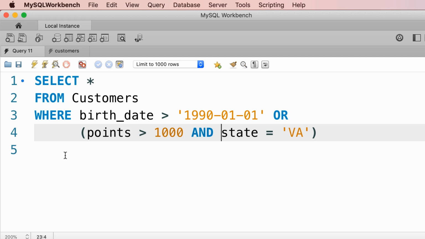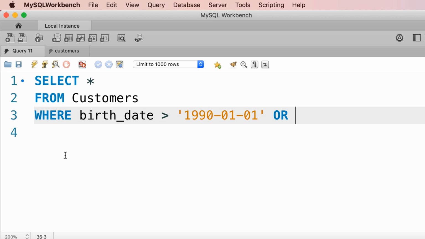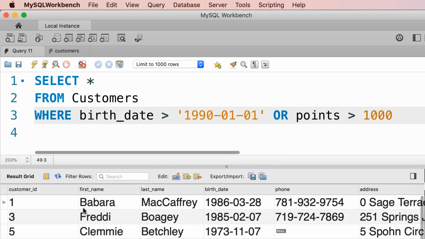Now we also have another logical operator called NOT, and we use that to negate a condition. Let me show you. So I'm going to simplify our where clause. Let's say we're searching for customers who were born after 1990 or they have more than 1,000 points. If we execute this query, we get these people, customers with ID 1, 3, 5, and so on. Now we can use the NOT operator to negate this condition.